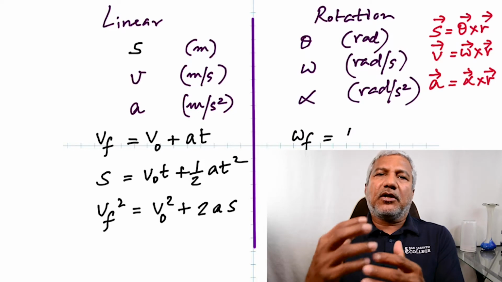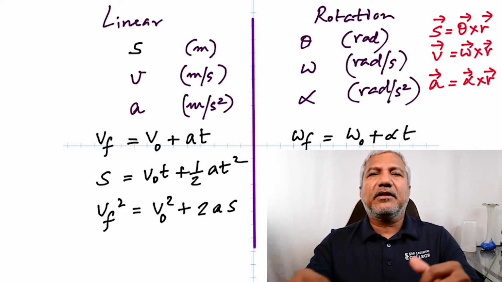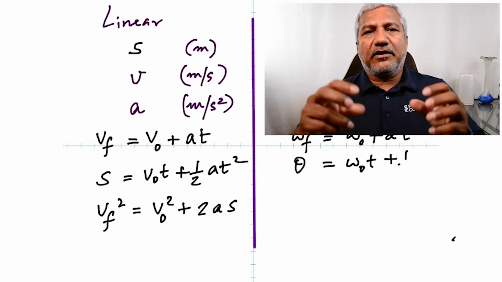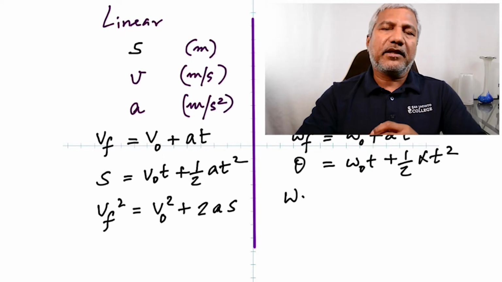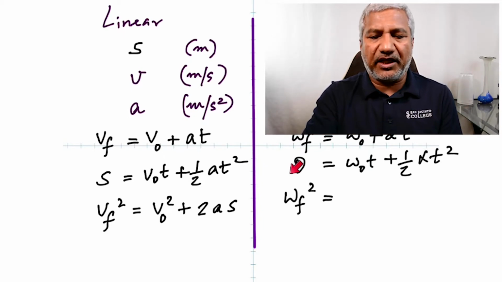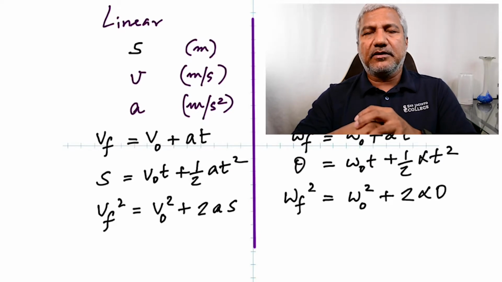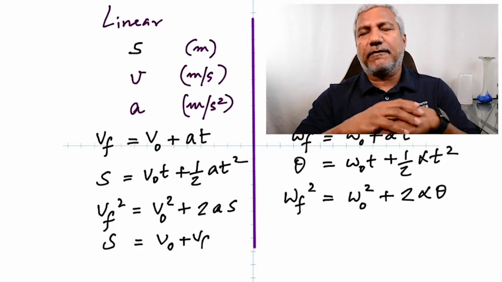So on the rotational motion side, you have these corresponding equations. You see that the linear velocity is replaced by the angular velocity. Displacement is replaced by theta, as you can see there. And then you have alpha instead of a.